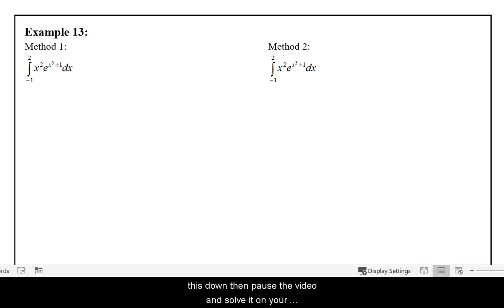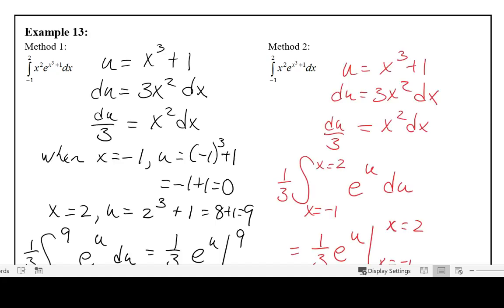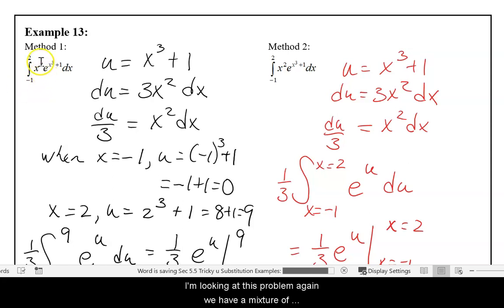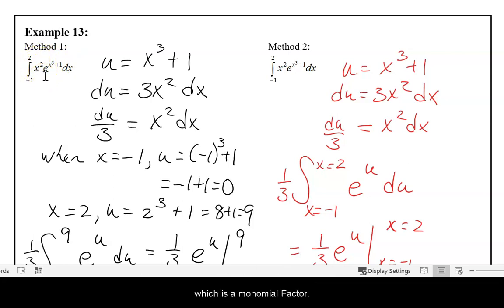Take a moment to copy this down, then pause the video and solve it on your own. You can choose either method 1 or method 2. When looking at this problem, again, we have a mixture of different types of functions. The polynomial x squared, which is a monomial factor.